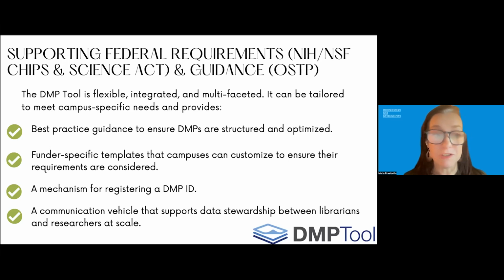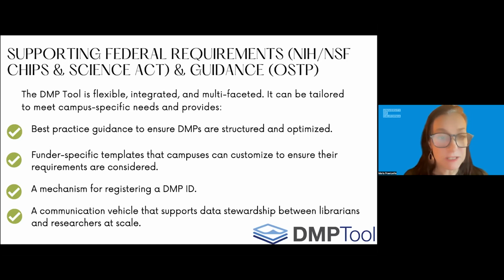So the DMP tool is built to be really flexible, and I'll show you what that looks like. We've created it so that it can be tailored and customized to make campus-specific needs, really to bring those forward for researchers when they're creating their DMPs. So we provide best practice guidance to ensure that DMPs are optimal, good practice DMPs, but also so that those DMPs are structured and interoperable at the end of the day.